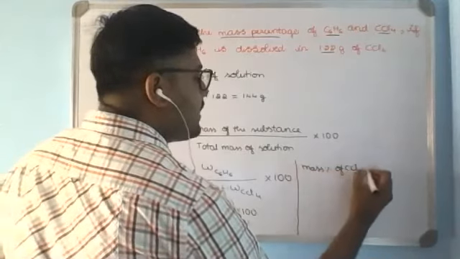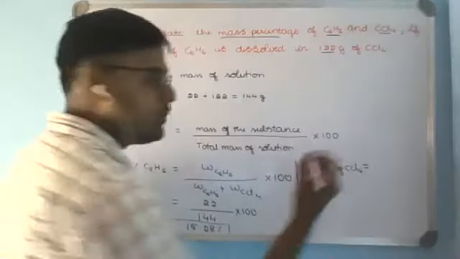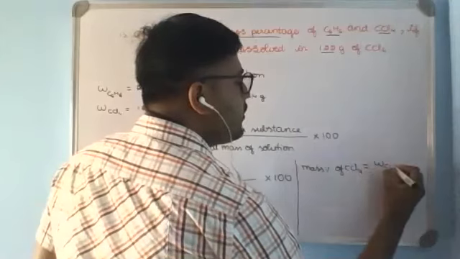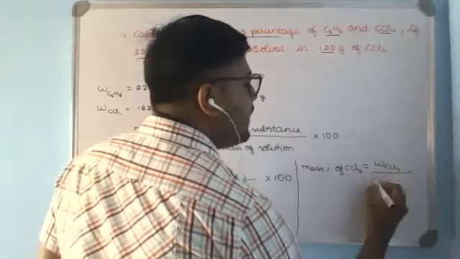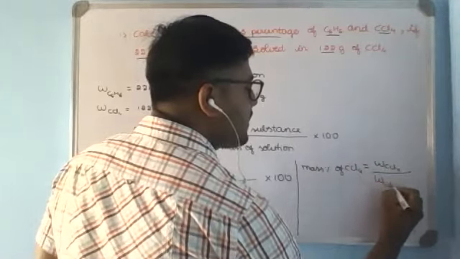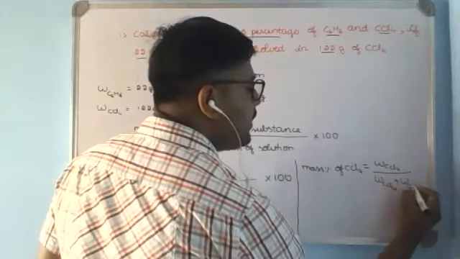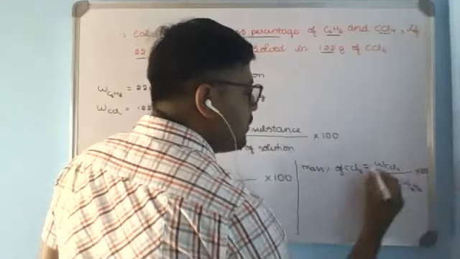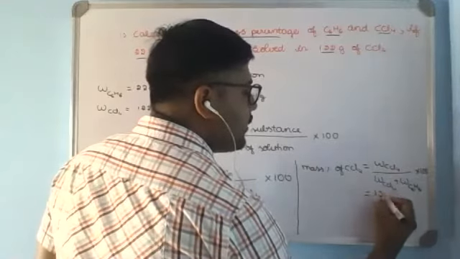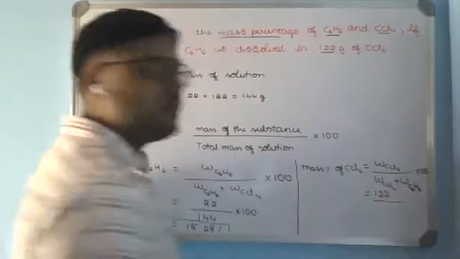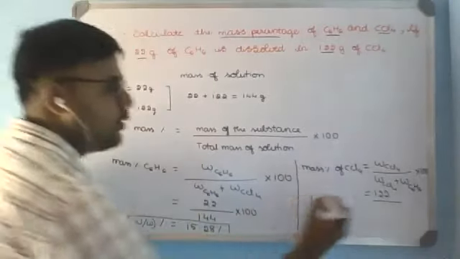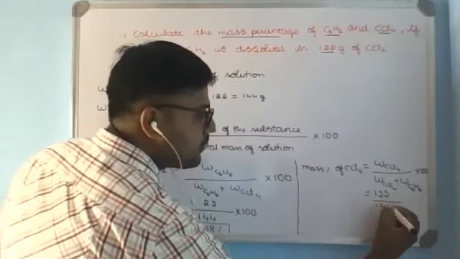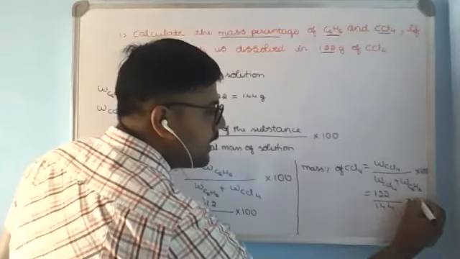Similarly, if we focus on the calculation of mass percentage of CCl4 in the given solution, the formula will be mass of CCl4 in the solution divided by total mass of the solution, that is mass of CCl4 plus mass of benzene, into 100. Now mass of CCl4 is 122 grams. The sum of mass of CCl4 and benzene is 144 grams, into 100.